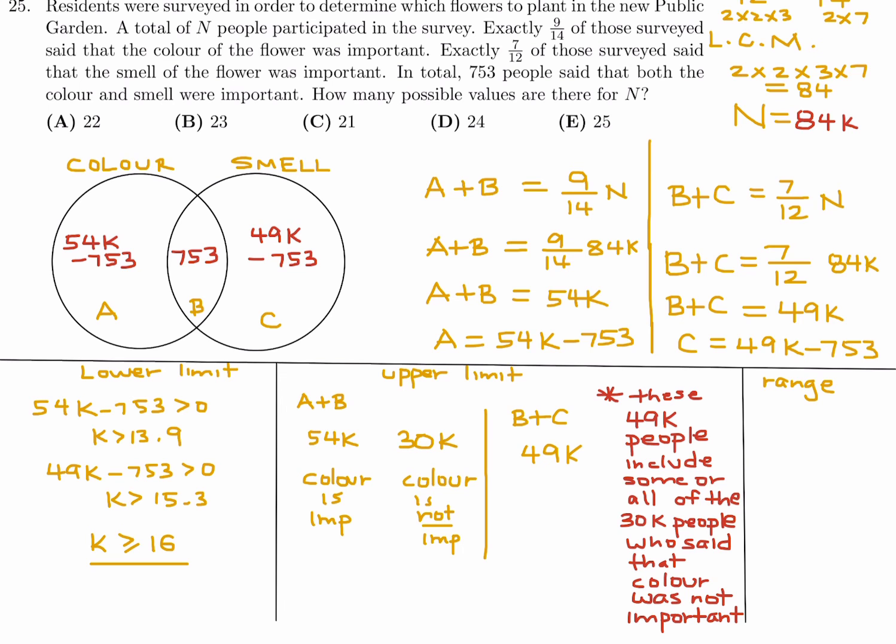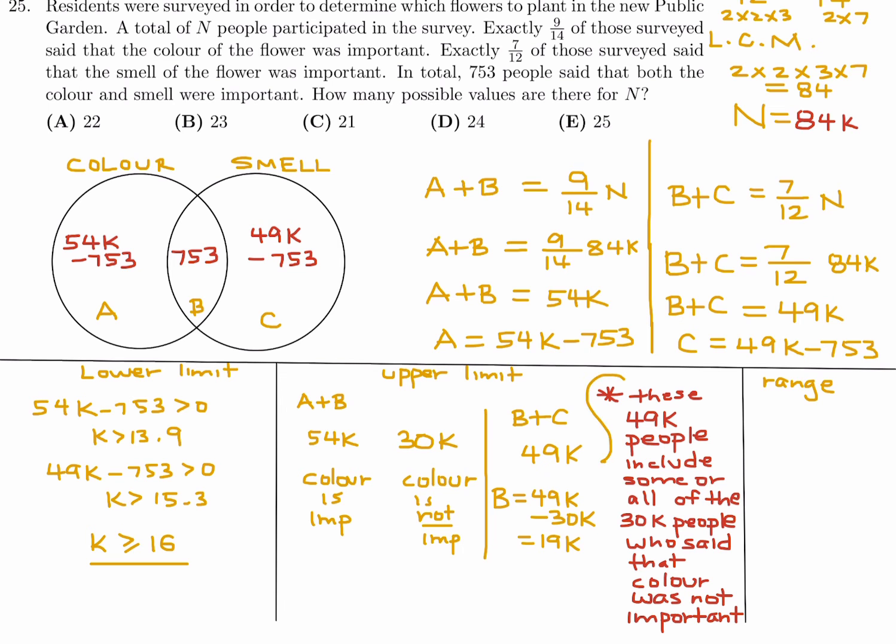So that means that B basically would be equivalent to 49k minus 30k, and therefore that is 19k.